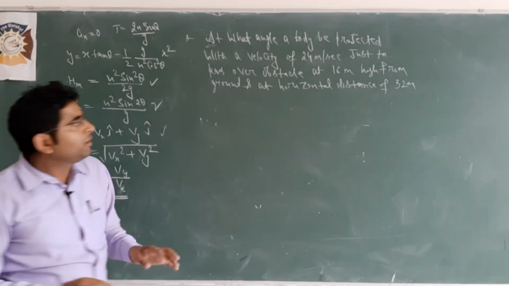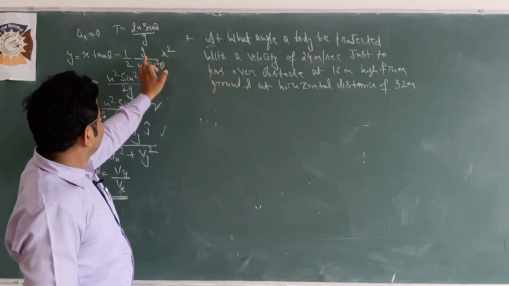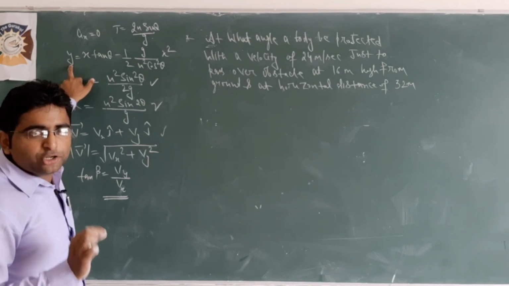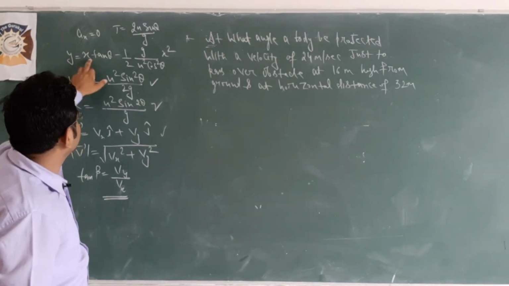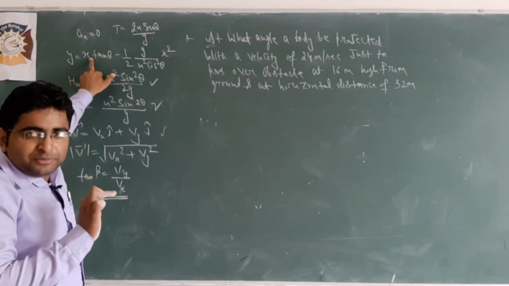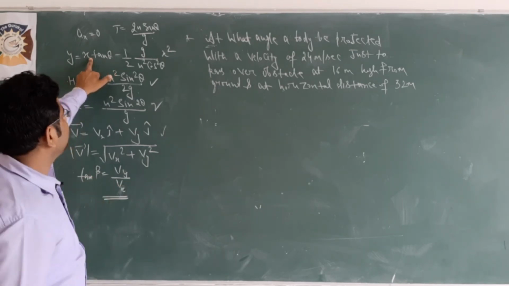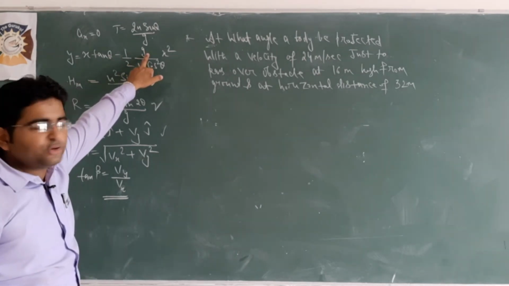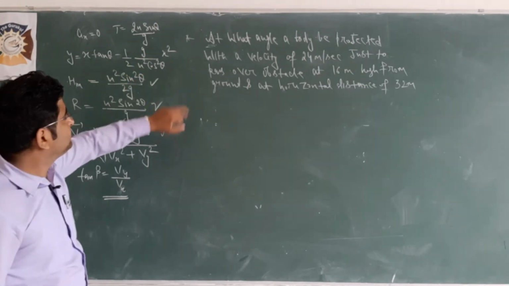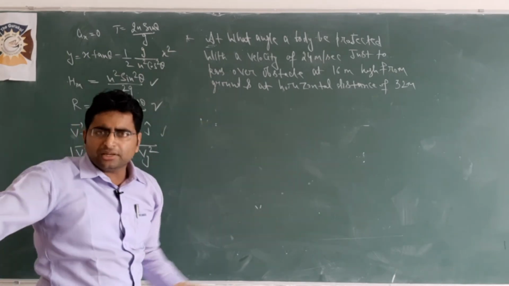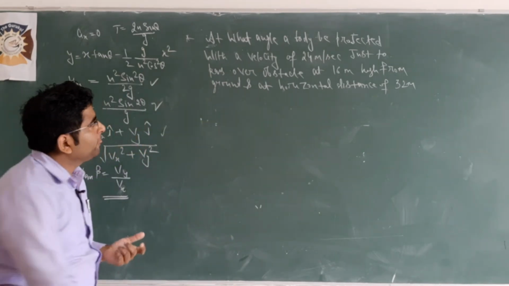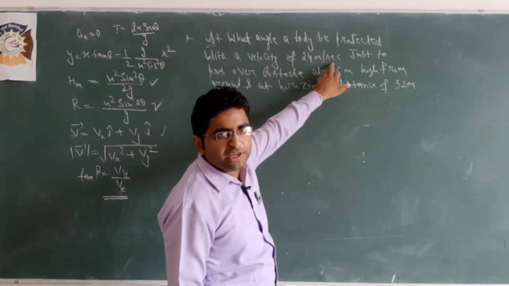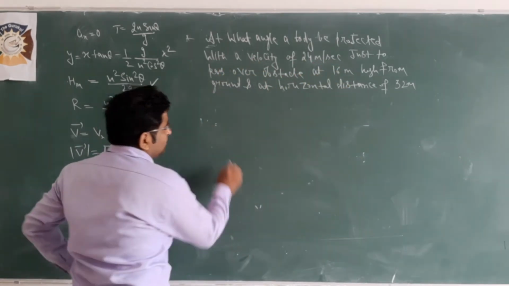So before that, look at the expression again. Here y is representing the y coordinate, or displacement along y direction. x is the displacement along x direction, or x coordinate. Theta is the angle of projection, g is acceleration due to gravity, u is initial speed. Clear? So here, with a velocity of 24 meter per second, it means u is given.